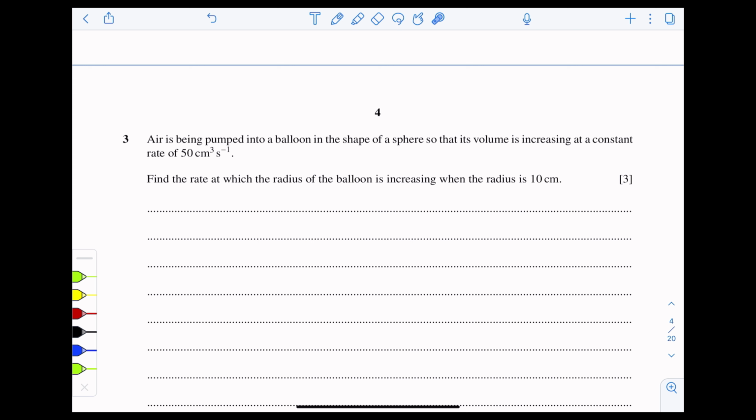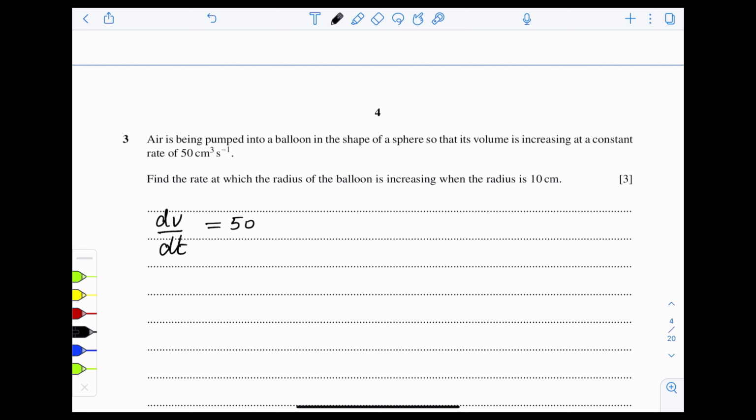This is a question of rate of change in the part of differentiation. This question will be solved with the help of the chain rule. First, dv over dt, the rate of increase of volume, is given: 50 cm cube per second.